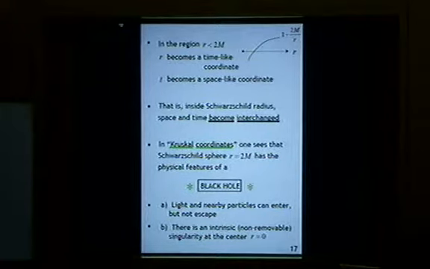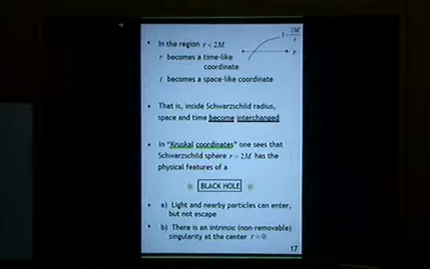For example, in the xy plane, let's look at r and theta coordinates. When r is equal to 0, the coordinate system breaks down. You can't give a theta. But there's nothing wrong with the origin. If you change to xy coordinates, everything's fine. But you can't do that here. You can't remove that singularity.